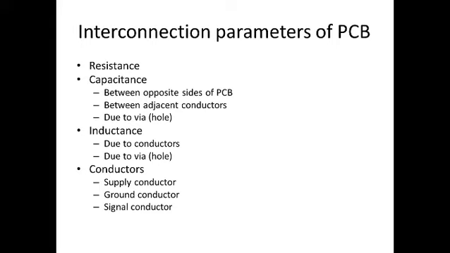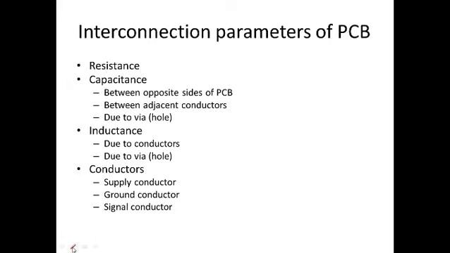Okay, now we are coming to the main part of the PCB, interconnection parameters of PCB. What are the different interconnection parameters, or these are also called parameters of the PCB.